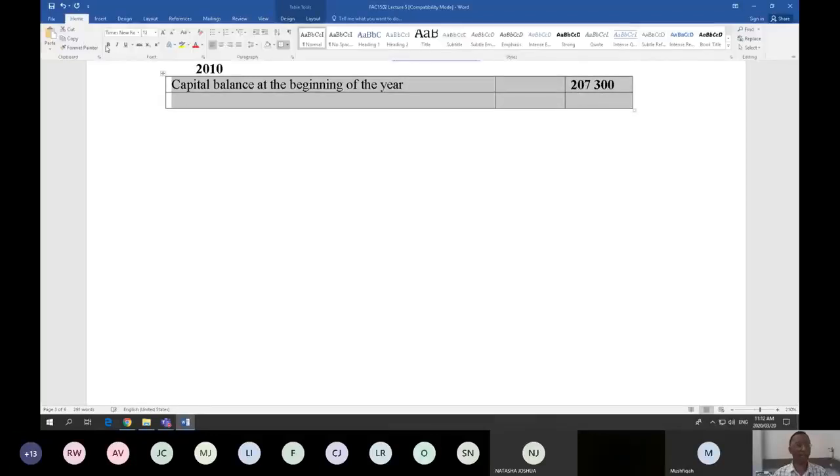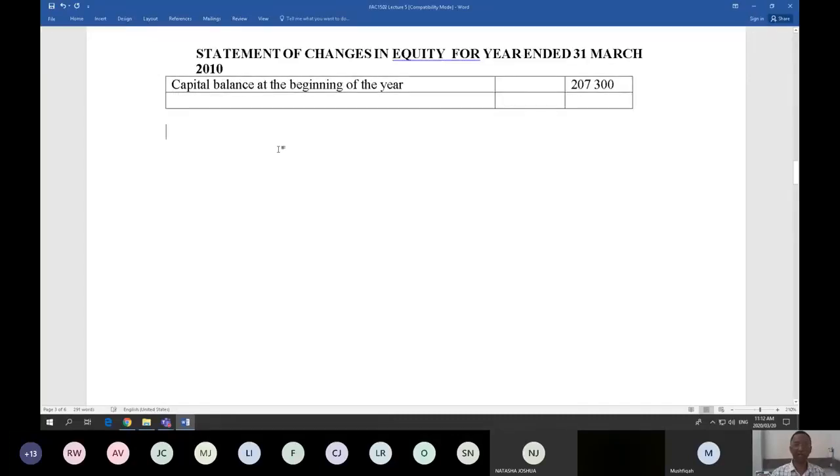Capital balance, guys, at the beginning of the year is therefore 207,300. That amount, guys, of course, will increase due to the total comprehensive income for the year.